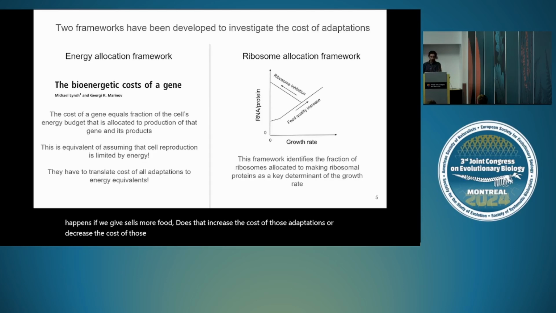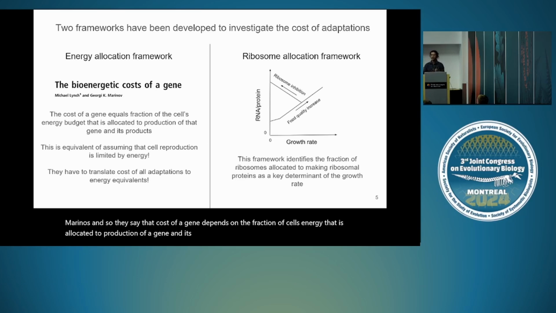And so I started reading, and there are two of the main frameworks that have been developed to investigate the cost of adaptations: the energy allocation framework and the ribosome allocation framework. A good example of the energy allocation framework is the paper called The Bioenergetic Cost of a Gene by Lynch and Marinov. They say that the cost of a gene depends on the fraction of the cell's energy that is allocated to production of a gene and its product.